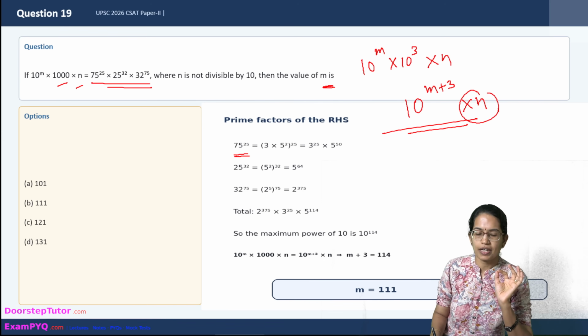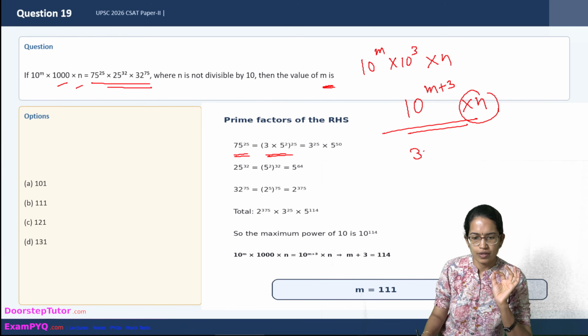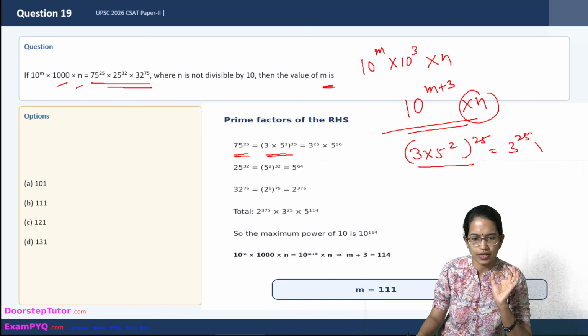Now I'll take the other side. 75 raised to 25 is 3 into 5 square raised to 25. Okay, I expand it. It is 3 raised to 25 into 5 raised to 50. Then I have 25 raised to 32, that is 5 raised to 2 into 32, that is 5 raised to 64.